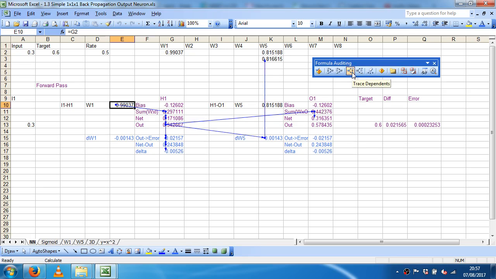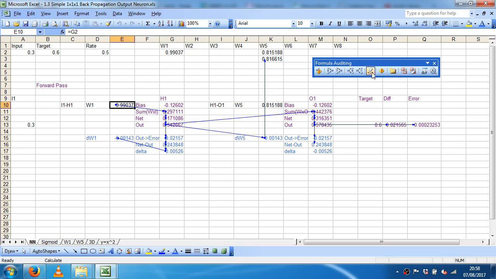That gets added to the bias. You can ignore these because these are just the calculations for the back propagation. It's over here we're concentrating. That then gets fed into the output, which is the sigmoid function of the net value, and that gets fed back into here. So quite a few steps. Before we had 3 steps, now we've got 1, 2, 3, 4, 5 steps, I think.